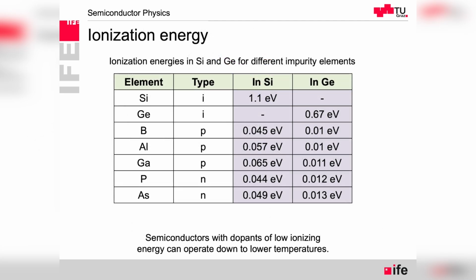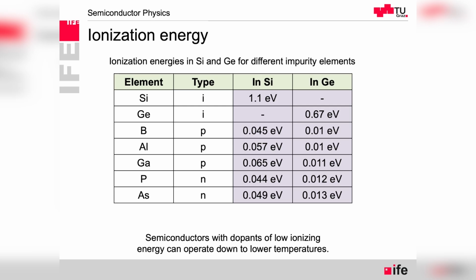So what is the ionization energy to go out of the freeze-out, to give us the idea what we need as thermal energy to get out of the freeze-out? So for silicon and germanium as a reference, we have the band gap energies, which is 1.1 electron volts and 0.67 respectively.